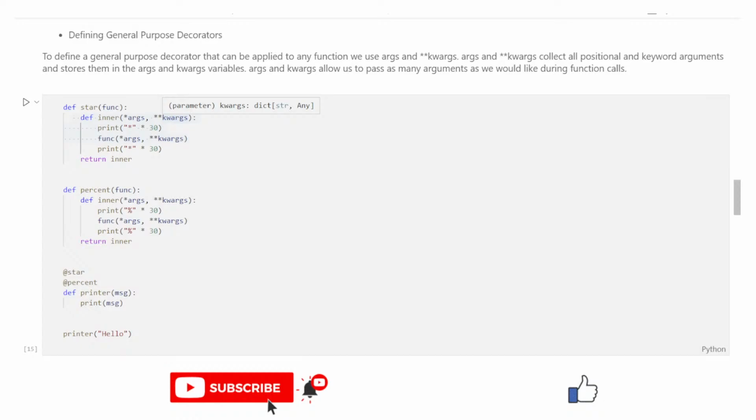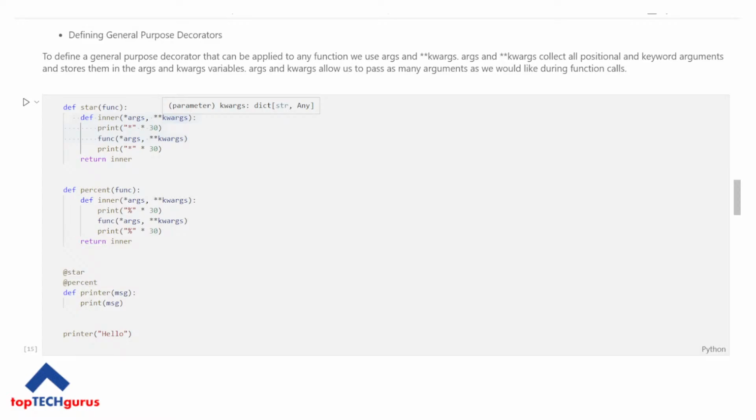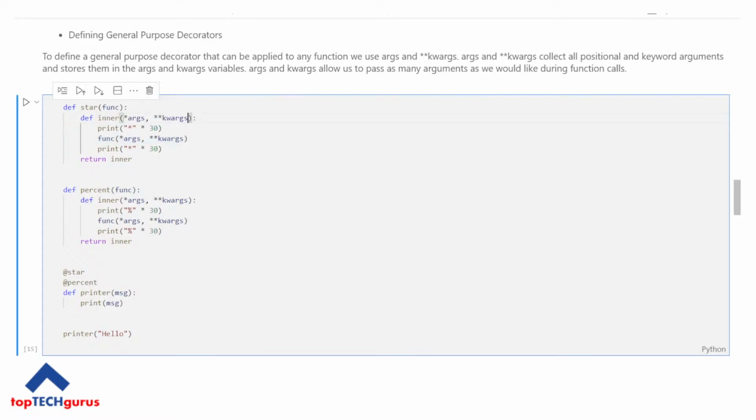So whenever you want to have, I think you with intermediate knowledge of Python already know what positional arguments are. That is based on position 1, 2, 3, 4, or based on keywords. So if you have city1 equal to, and then a string, then those are keyword arguments.